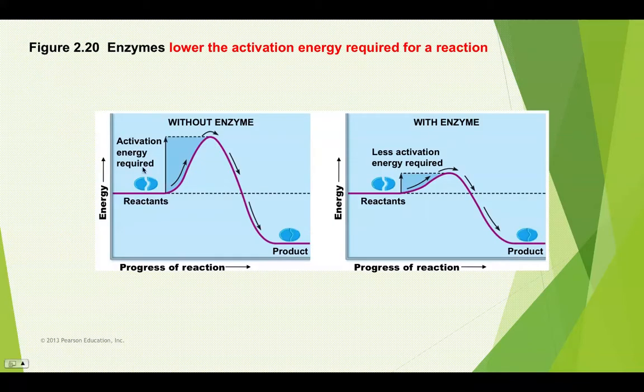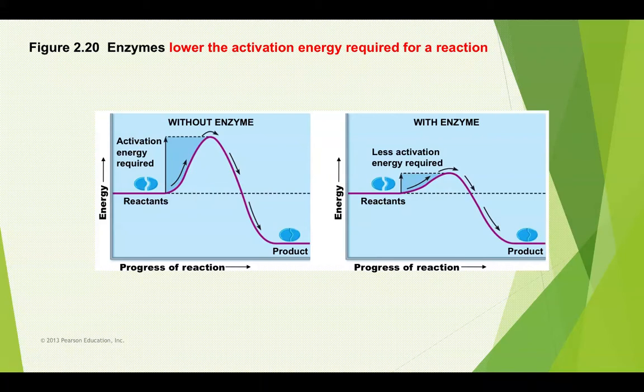And when I was first studying this activation energy, the enzyme actually lowers the amount of energy needed to start that chemical reaction. I actually think of enzymes as like little workers at an assembly line in a plant that's manufacturing something.